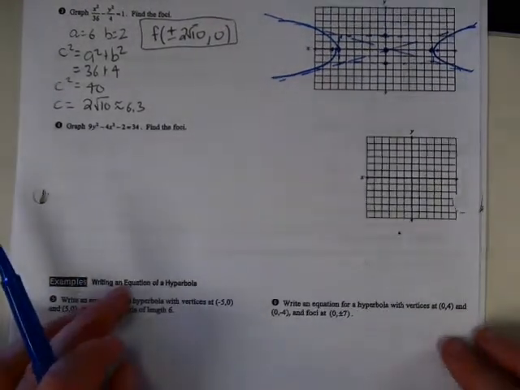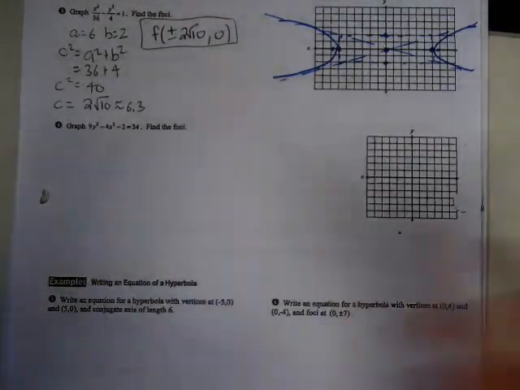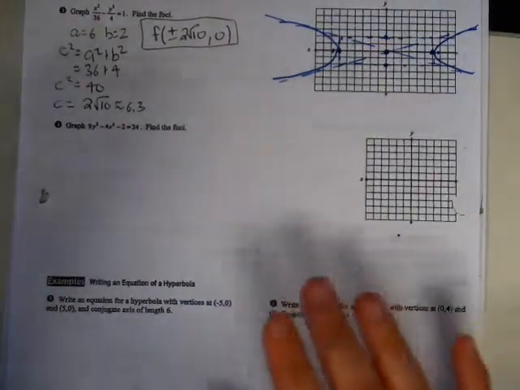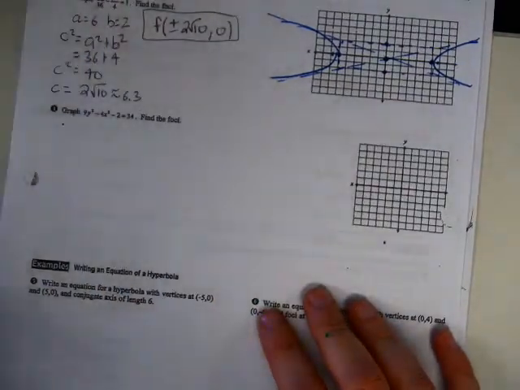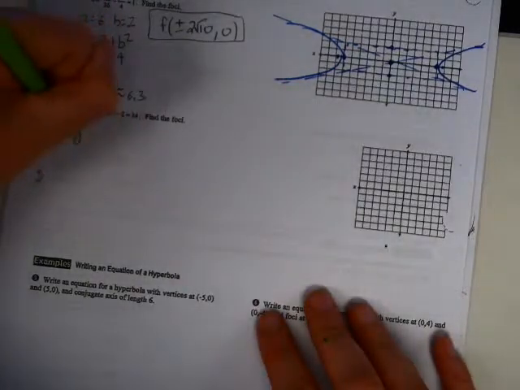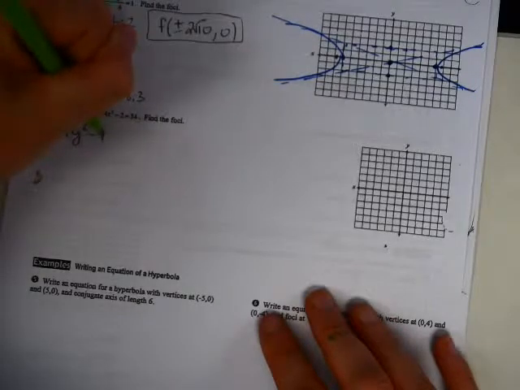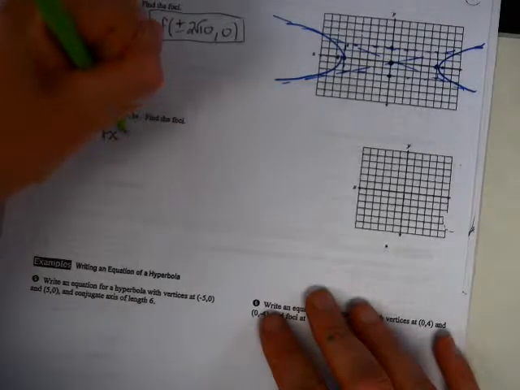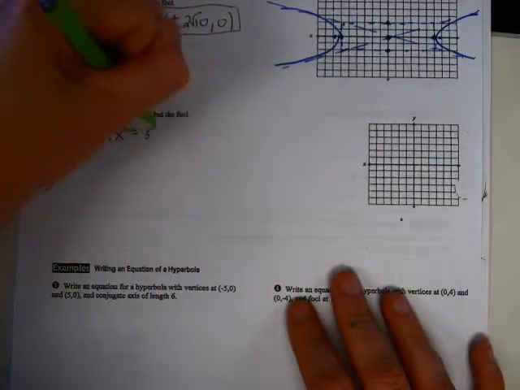So I'm going to get my x and y on one side, constant on the other. So I'm going to add 2 to both sides of this equation. So I have 9y squared minus 4x squared equals 36.